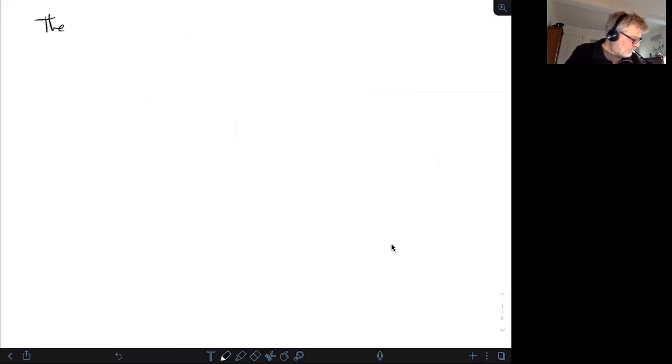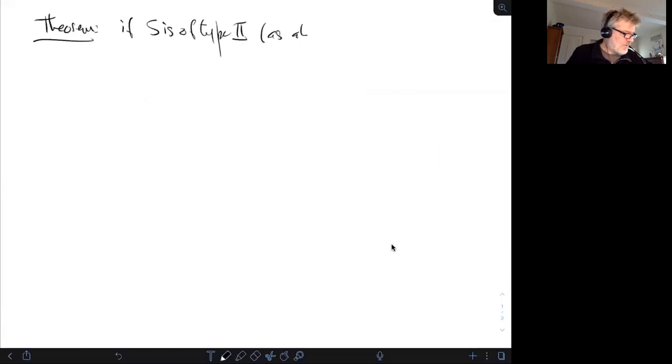Okay, so theorem. If S is of type 2, as above, right? Same description. Then the double integral over S of a function f can be computed as follows.